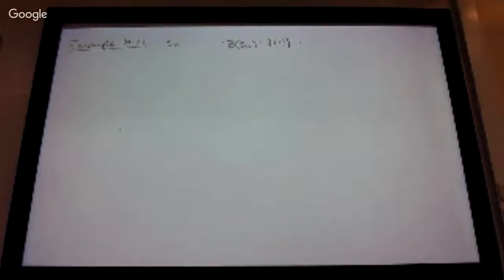Oh, that's Killian's theorem. Does that look familiar?